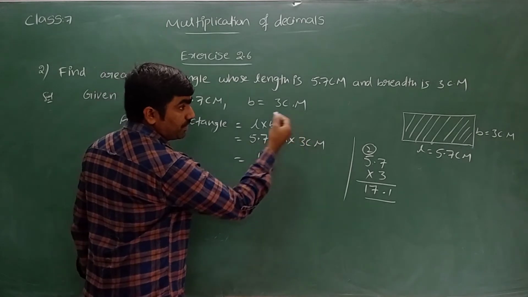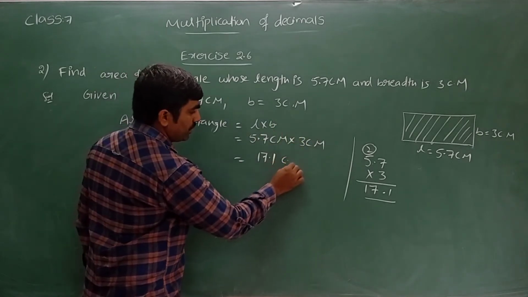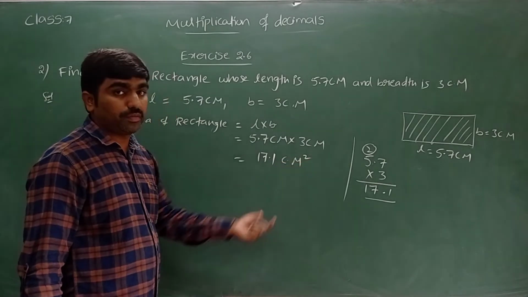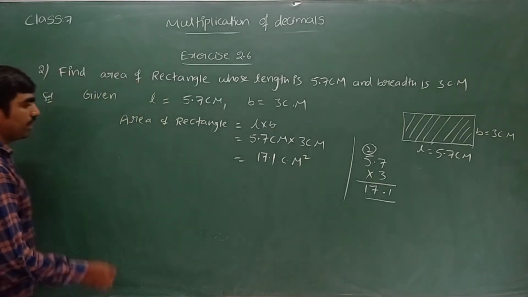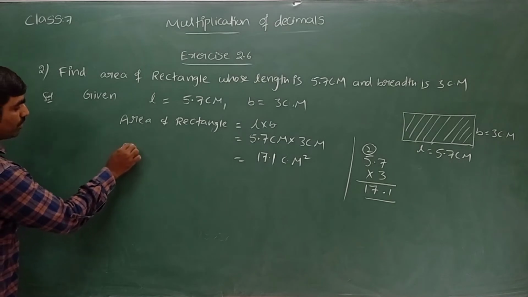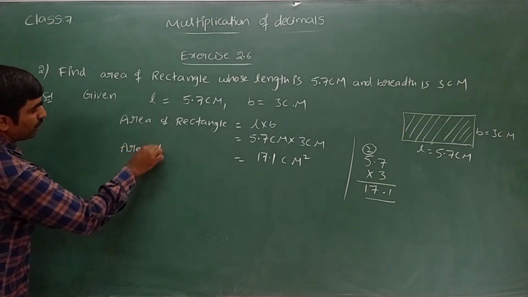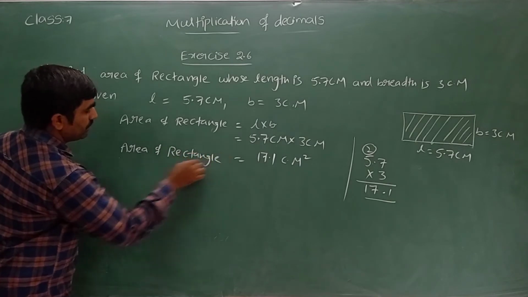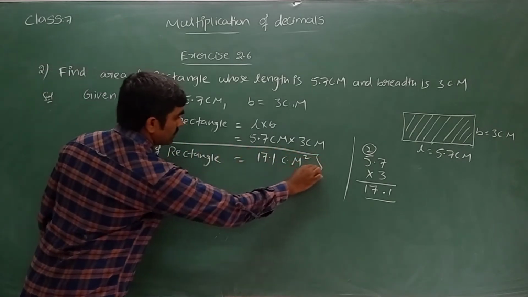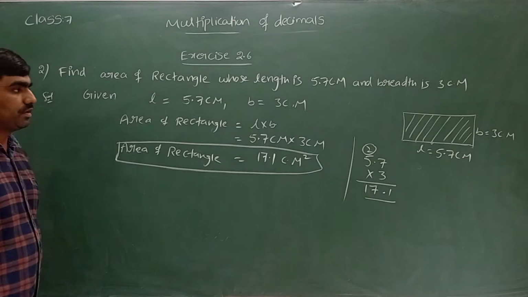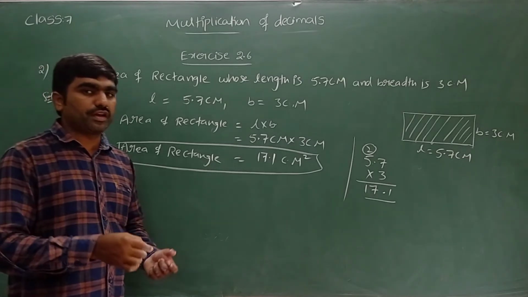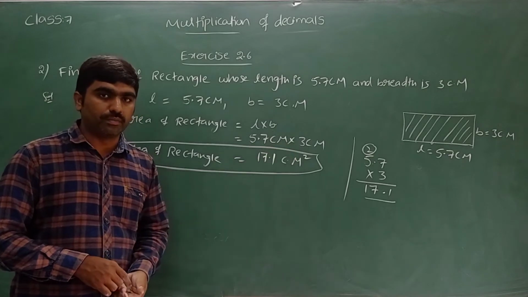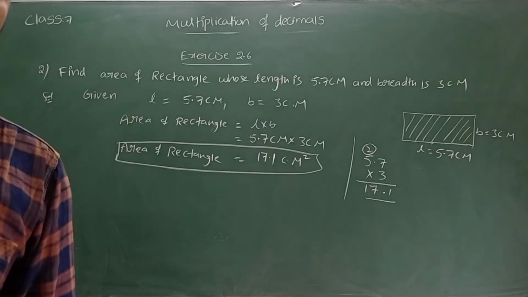Centimeter into centimeter, repeating twice, we can write square centimeter. Yes. Now what is the area of the rectangle I got? Area of the rectangle is equal to 17.1 square centimeters. This is one application based on multiplication of decimal with whole number.